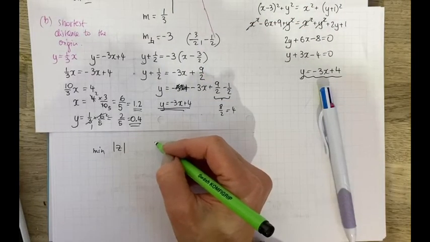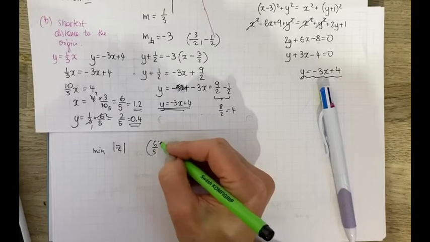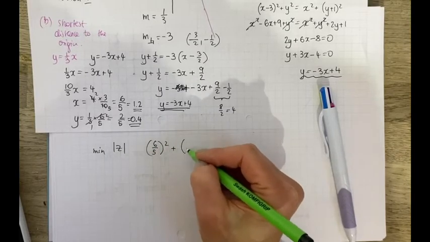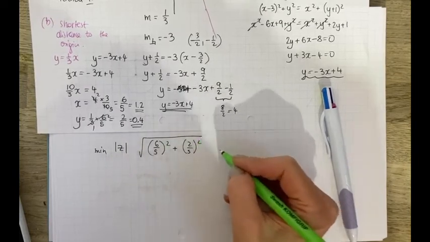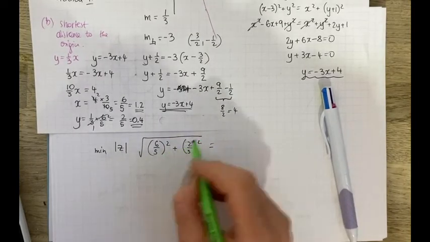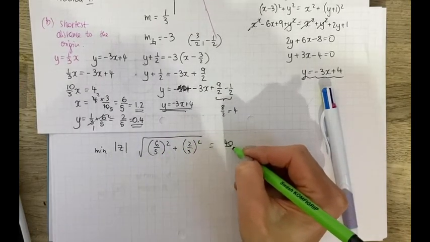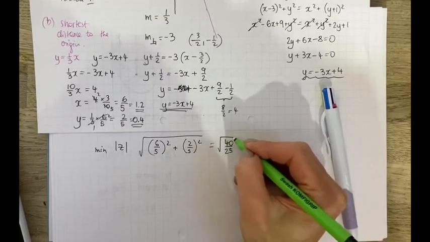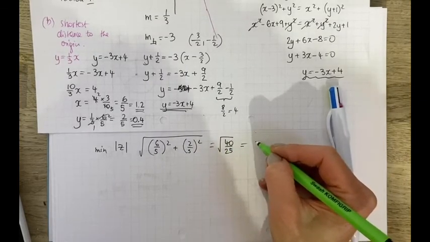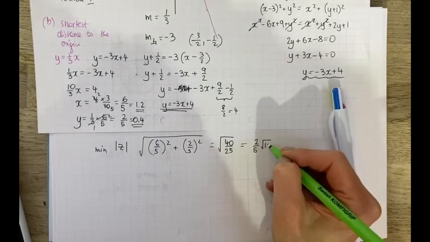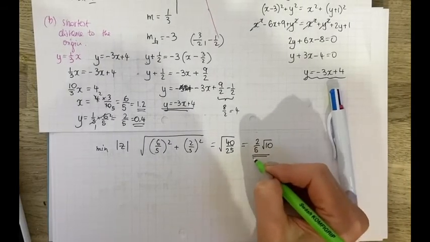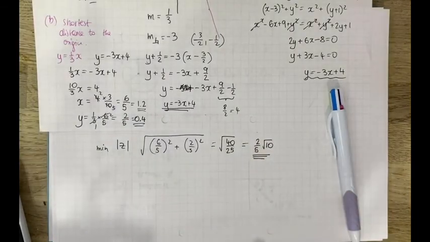It's going to be 6/5 squared add 2/5 squared, square rooted, which gives me 36 plus 4, so it's 40/25. So it's going to be 2/5 root 10. Good.